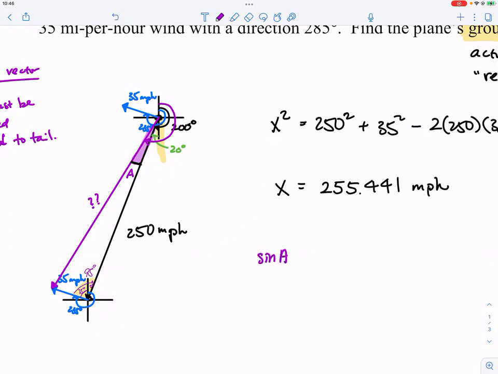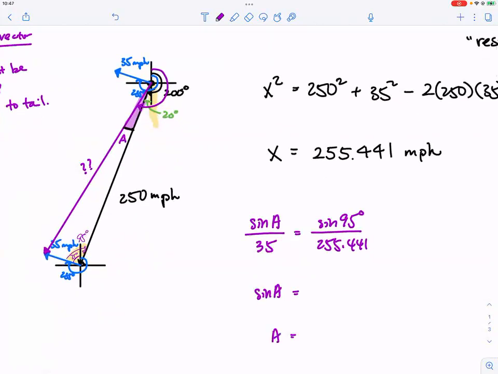If you want to know the angle, we can simply use the law of sine. So sine A over 35 miles per hour equals sine of 95 degrees over 255.441 miles per hour. You can now go ahead and find out what sine A is, and then you will get what A is equal to. Let's go ahead and find out.